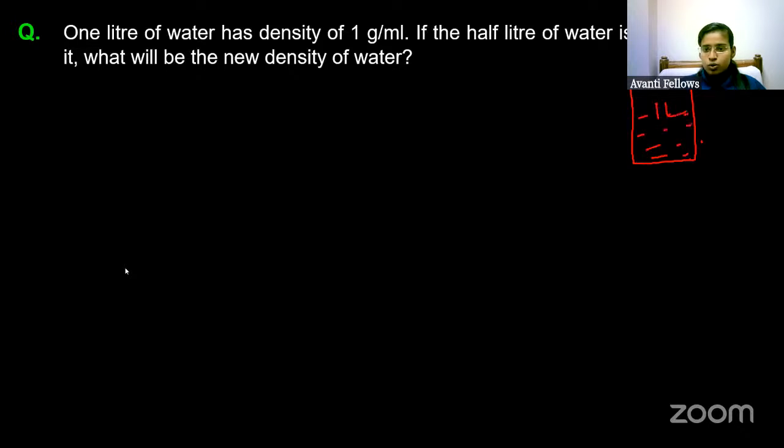The volume of water is 1 liter, and the density of this water is 1 gram per milliliter. Now if I take half a liter out, what will happen to the density? Will the density remain the same or will it change? If it changes, to what extent will it change?